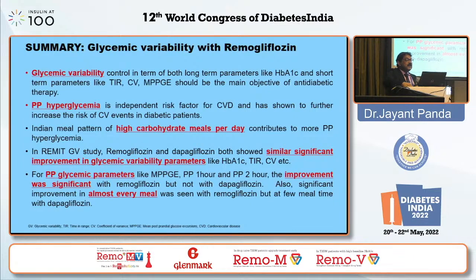So with this, I can summarize that glycemic variability control, in terms of both long-term parameters like A1C and short-term parameters like time in range, the coefficient of variation, and the mean postprandial glycemic excursion, should be the main objective of anti-diabetic therapy.